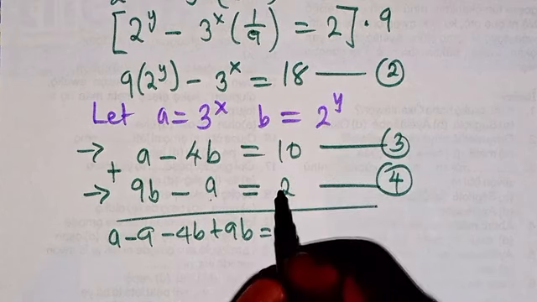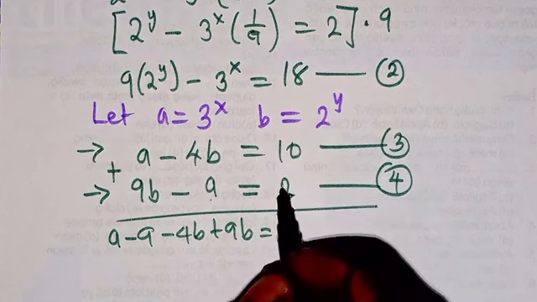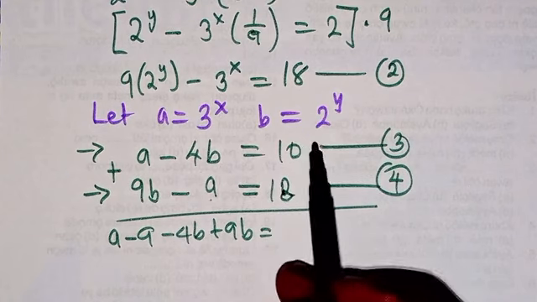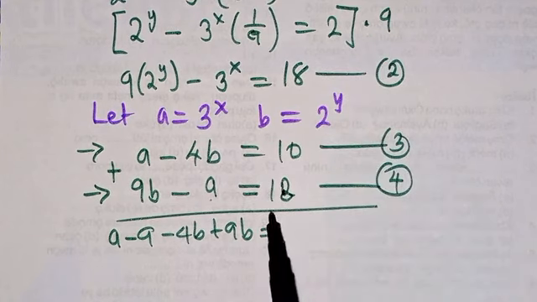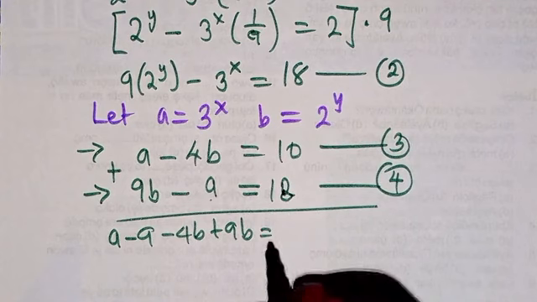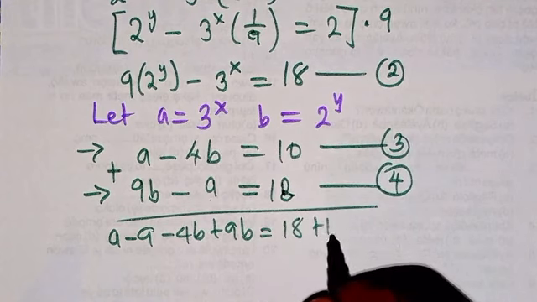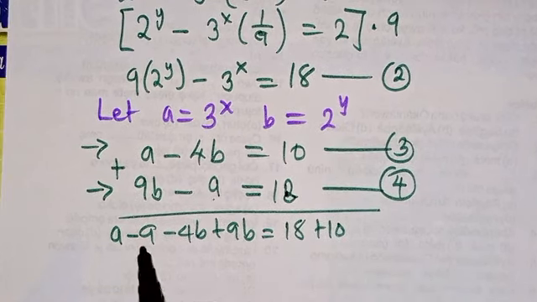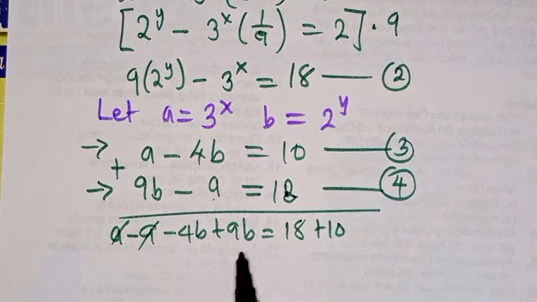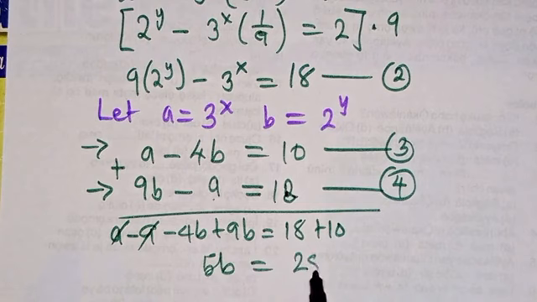I'm very sorry, this is 18 here, because multiplying 9 by 2 gives 18. So we have 5b equals 28.